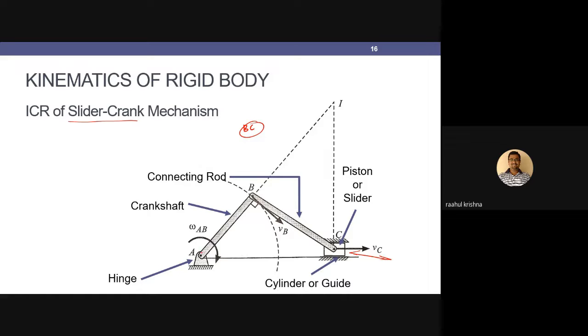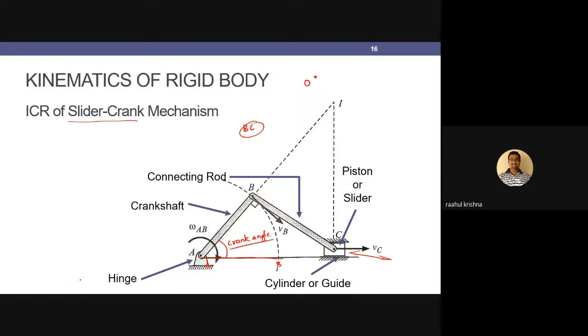Now, this angle is known as the crank angle, and it differs according to the different crank angles. Just for discussion, suppose my crank angle is 0 degrees. At that position my crank AB will be like this.